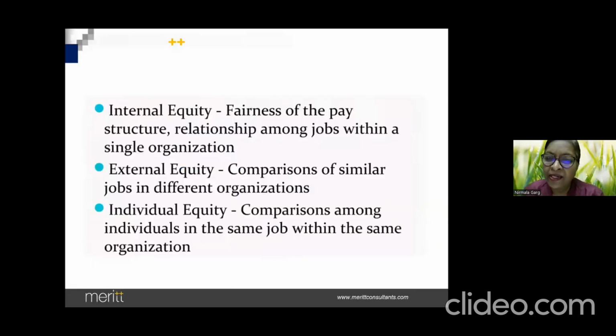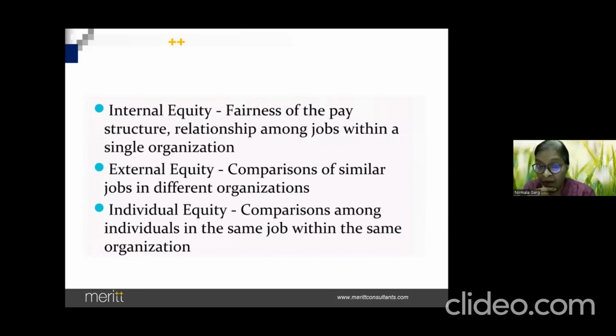When we talked about internal equity, what was it? We said, how do we pay people in the organization in relation to the other jobs? Then when we talked about external equity, what did we say? We compare with similar jobs in the market.